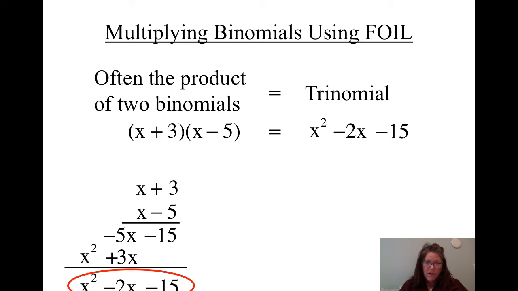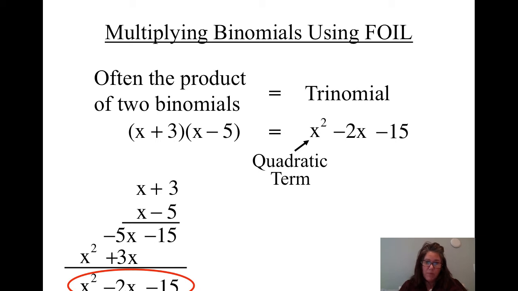A lot of times teachers teach this terminology FOIL. It's basically just double distributing. When you multiply two binomials together, often you will get a trinomial. The first term we always call the quadratic term, the term that is squared.